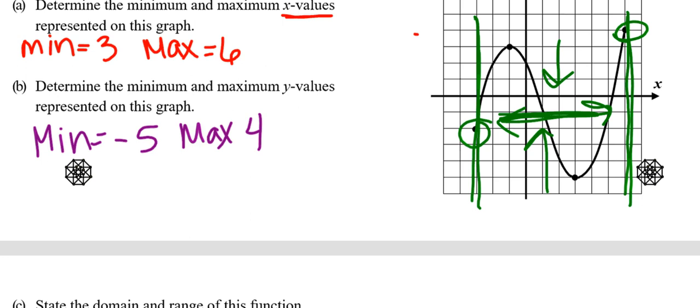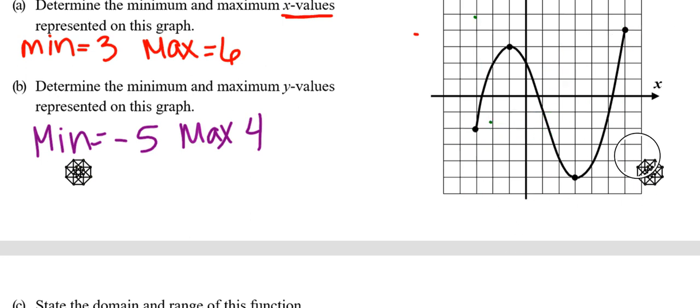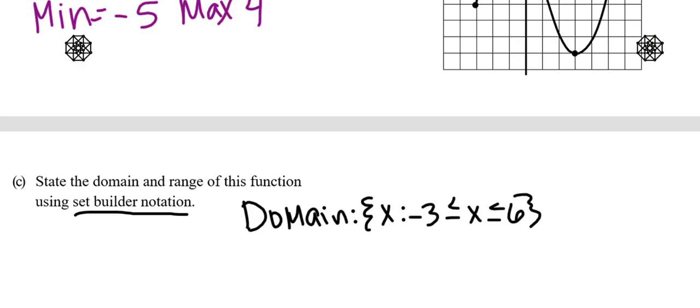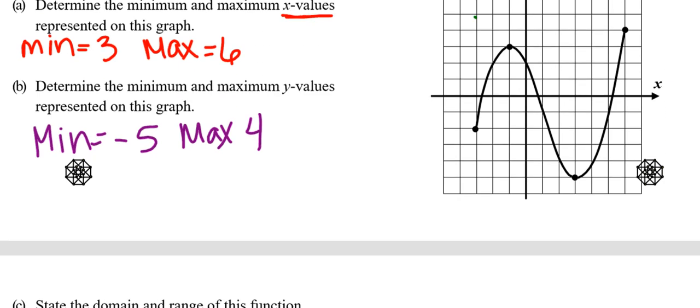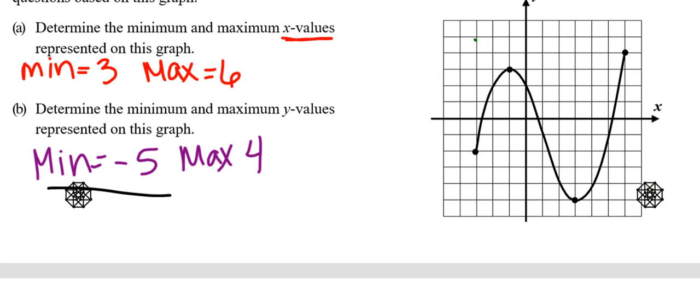Now we're going to find our range values. So you're going to write it just the same way. You're going to say range is the values of y such that, what is my minimum for y? We just said it here.